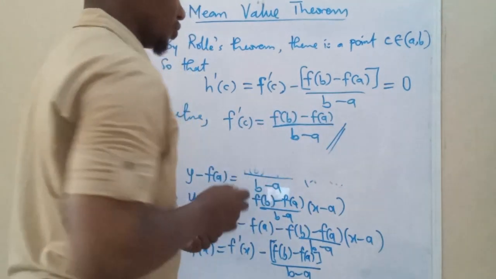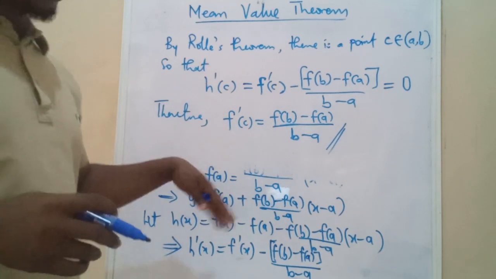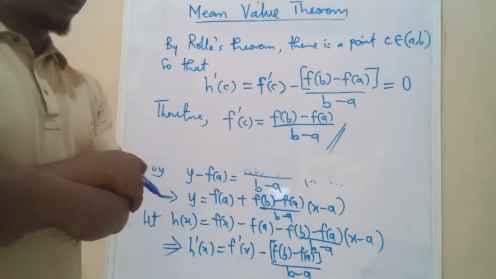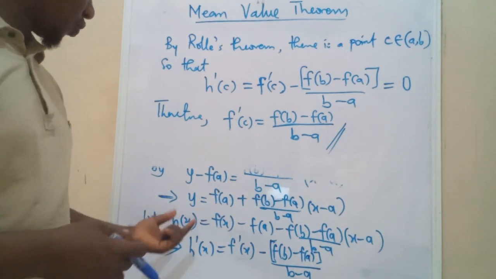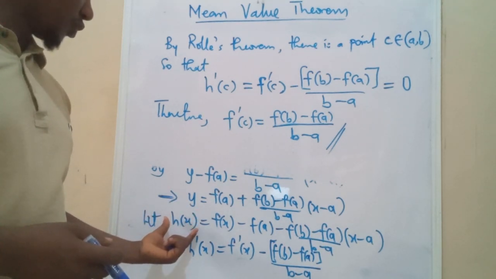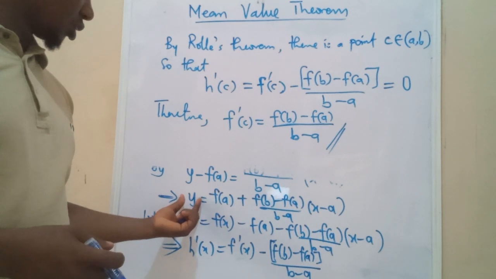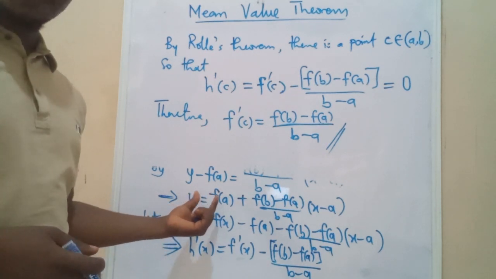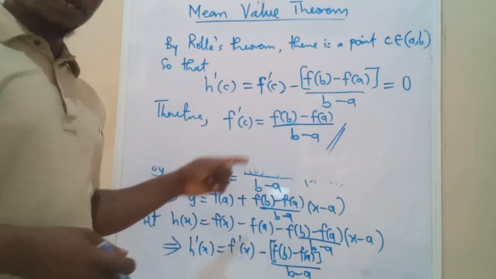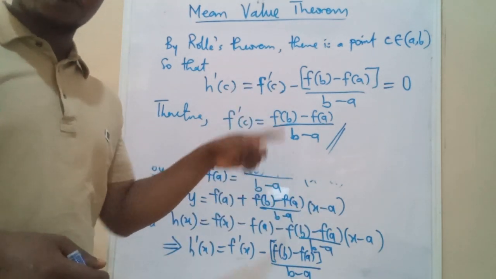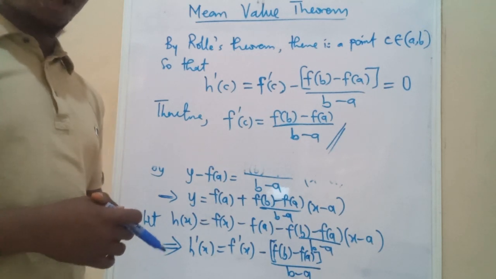Okay, so all the concepts here are proved using the graph above, and what we have done is not far-fetched. From the equation of a straight line, we deduce the value for y as this, and then of course we have a curve which is known as f of x.